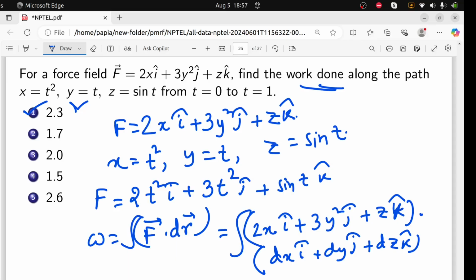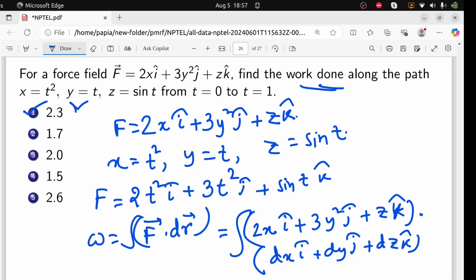Okay, so for this what I did, I just took F equals this one, and x equals t square, y equals t, and z equals sin t. So I just wrote F in terms of x, y, z in terms of t, and W is F dot dr. So I have to calculate 2x dx plus 3y square dy plus z dz.